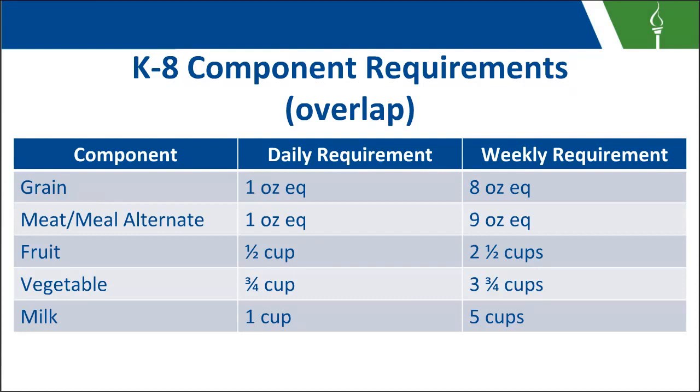So if you're serving a K through 8 component requirement meal pattern, you need to serve 1 ounce equivalent of both the meat alternate and the grain component, giving them 8 ounce equivalents of grain, 9 ounce equivalents of meat alternate over the course of the week, half a cup of fruit, 2.5 cups over the course of the week, 3/4 cup of vegetable daily, 3 3/4 cups over the course of the week, 1 cup of milk daily, and 5 cups over the course of the week.